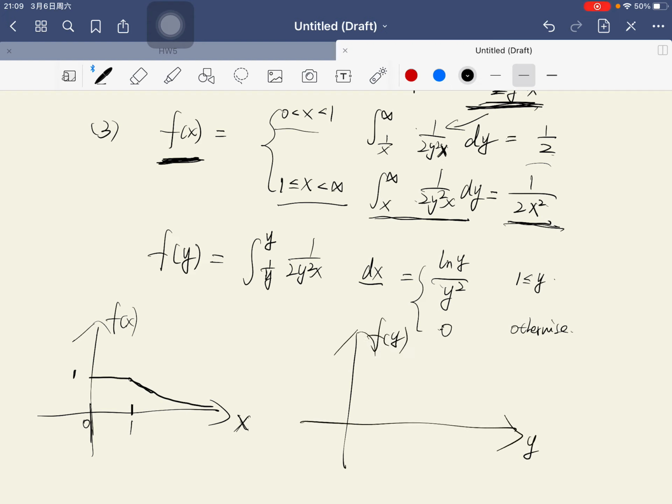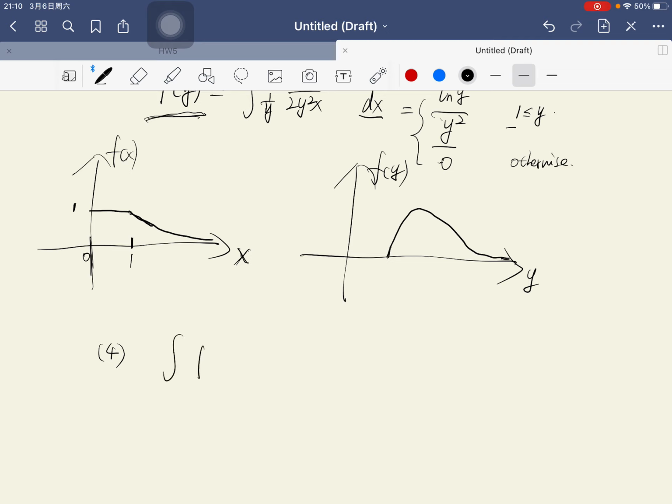And for question 4, we want to verify that the density function of x and the density function of y are valid density functions. So we just integrate f_X and f_Y so that they would be 1.